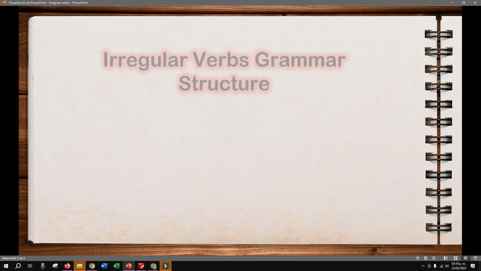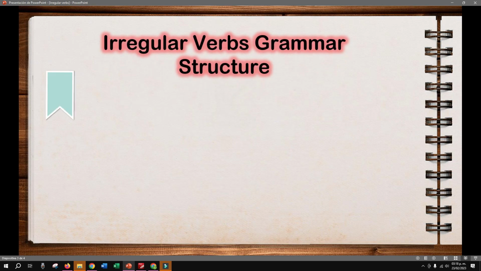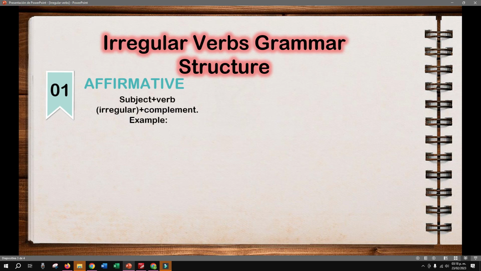So, also we have irregular verbs, the grammar structure. First, the affirmative. Subject, the verb, the irregular one, plus the complement. Example: I ate chicken soup last Sunday. If you notice, first you have what? The subject, I, then the verb, ate, that is in past, ate, eat, ate, right?